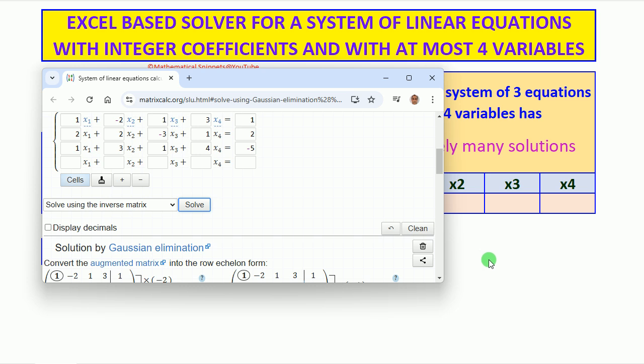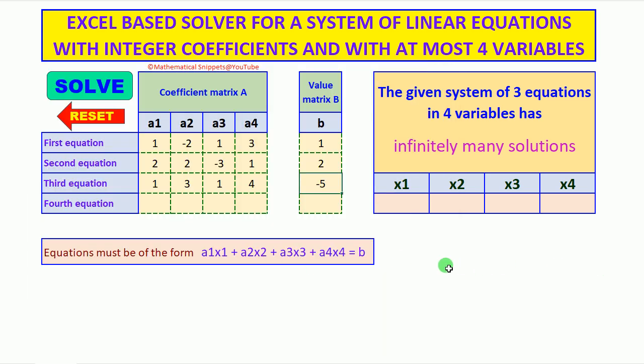Now let us see. Let us add something more. So I put 2, then 2, then 1, and then -1, and then 2 here. Let us solve it. So it says that it has a unique solution given by this.